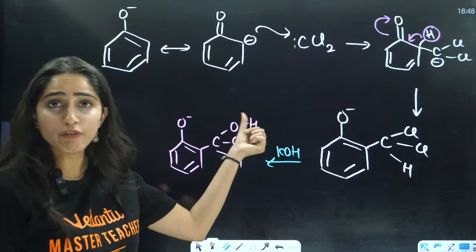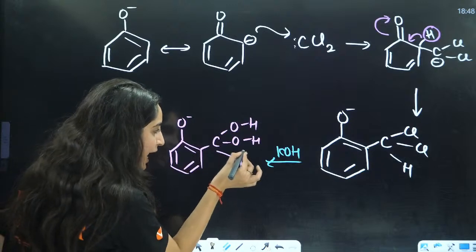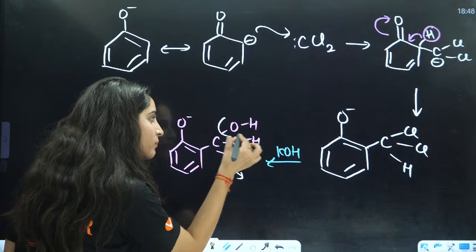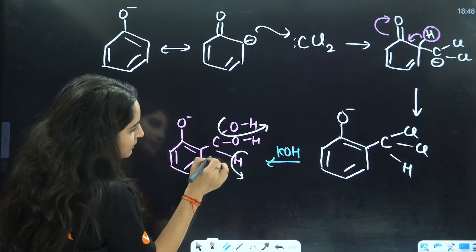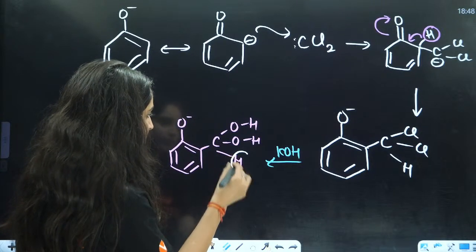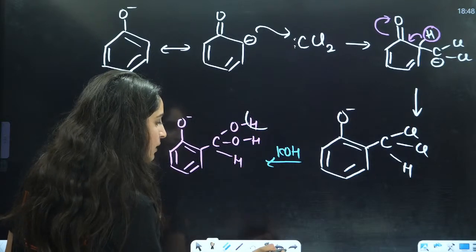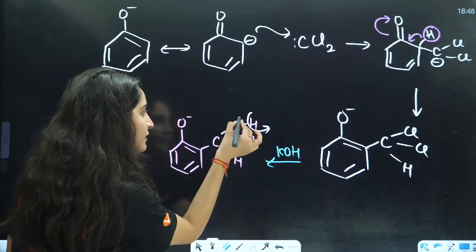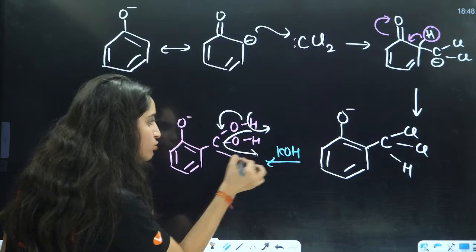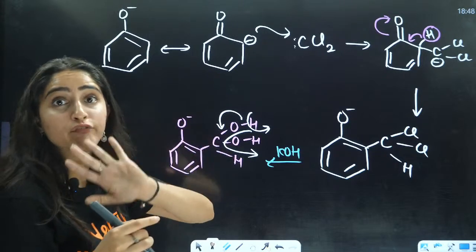So when you have 2 OH and 1 hydrogen here, then what will happen? 1 H positive will leave from this side. Then 1 OH will leave from this side, right? And hence you will have the formation of, wait a minute, 1 H positive is going to leave from this side, because water we have to take out, and this double bond is going to shift here, and this OH negative is going to leave from this side because this carbon cannot handle 5 bonds, right?